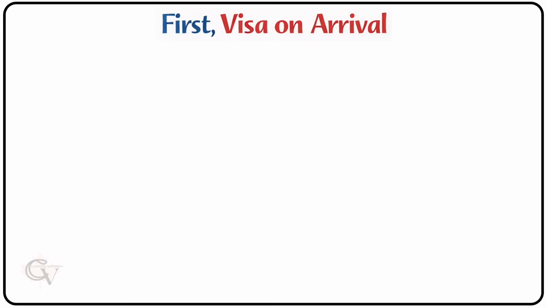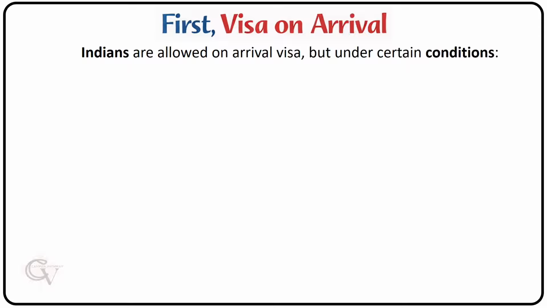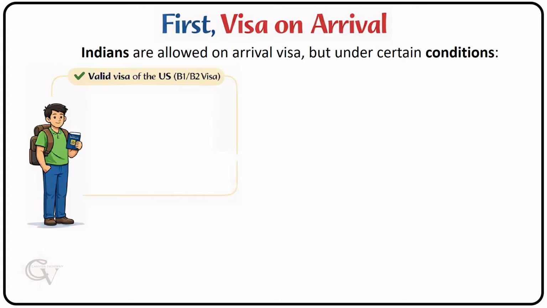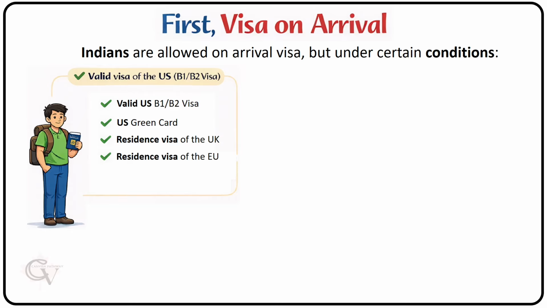First, visa on arrival. Indians are allowed to have an on-arrival visa. You can land in Dubai and get the visa on arrival. But the condition is that Indian citizens who hold an Indian passport must also hold a valid visa of the US, or a US green card, or a residence visa of the UK, or a residence visa of the European Union, which means if you have a B1 or B2 visa for the US, then it works.